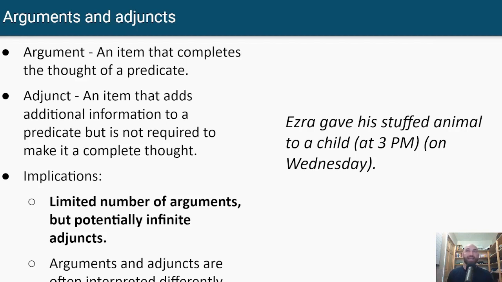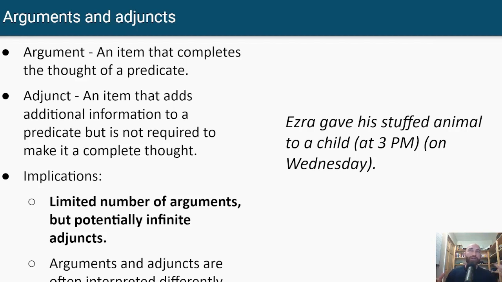So if I just said "Ezra gave," there are examples like this in natural language. We can say something like, "Did everyone give what was required of them?" And we might say, "Well, Ezra gave." On the surface, it looks like there's no object there, or there's no argument for what was given and who the recipient is.